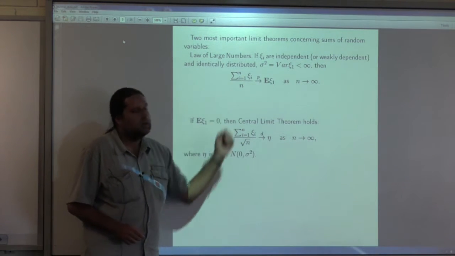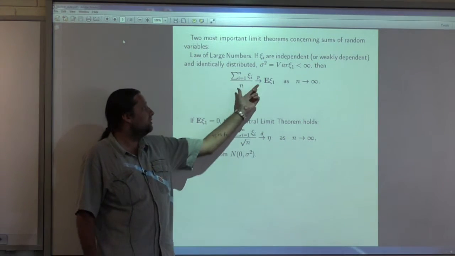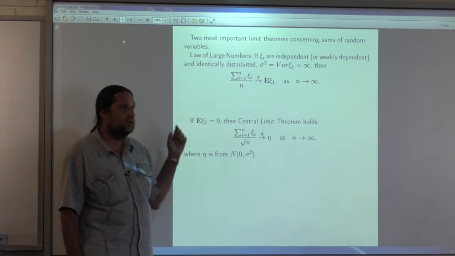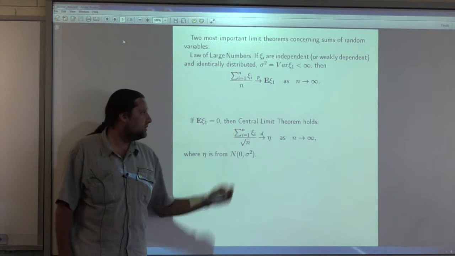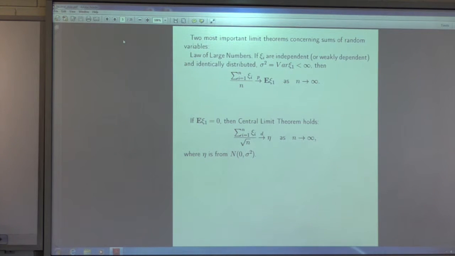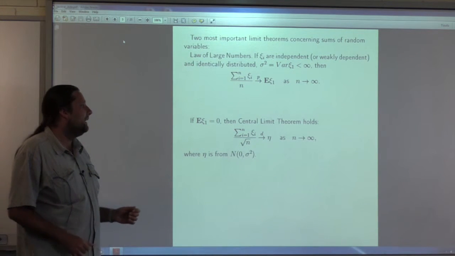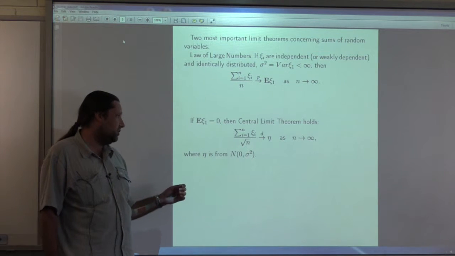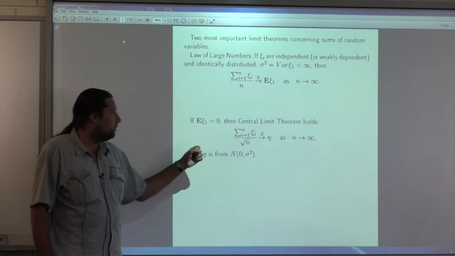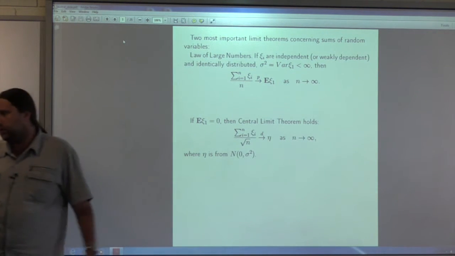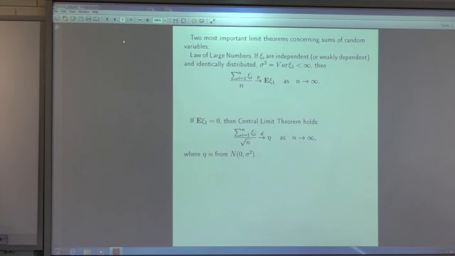If the random variables are centered, that means that their mathematical expectation is 0, then we can try to apply a weaker normalization. The classical central limit theorem states that if again all summands are independent or weakly dependent, have finite variance and the same distribution function, and they are centered and normalized by square root of n, we have weak convergence to a non-degenerate random variable, which happens to be a Gaussian random variable with 0 mean.